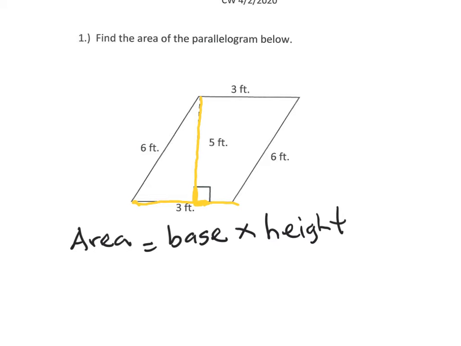Okay, so we can get rid of the word base and the word height and replace them with the actual numbers. Area is equal to 3 feet times 5 feet.